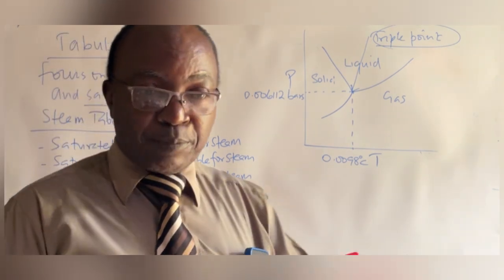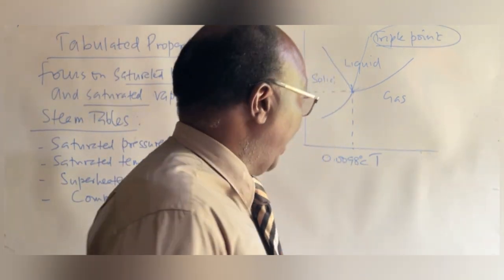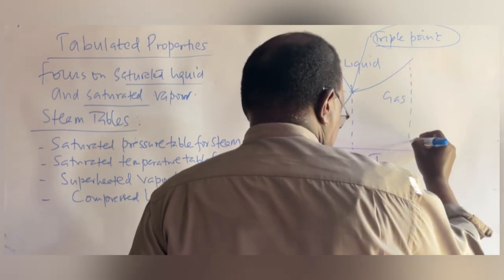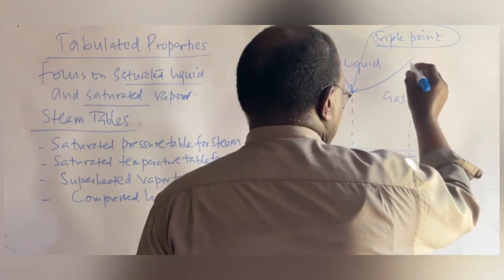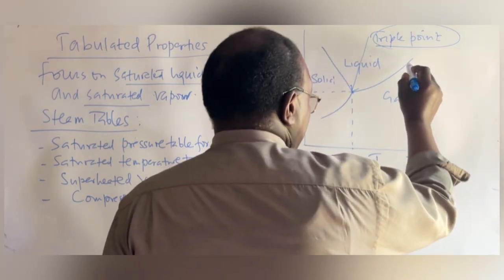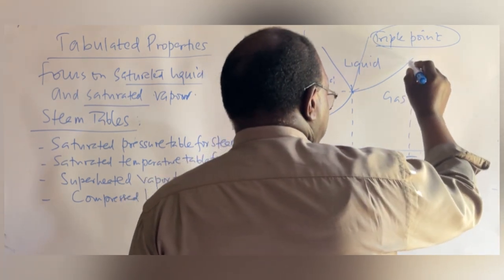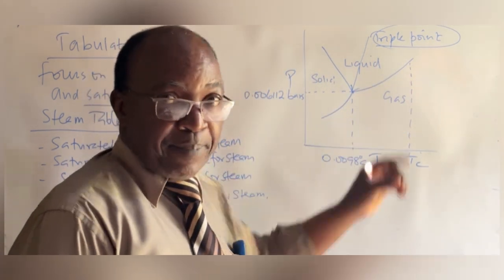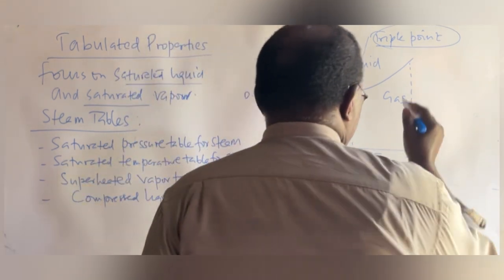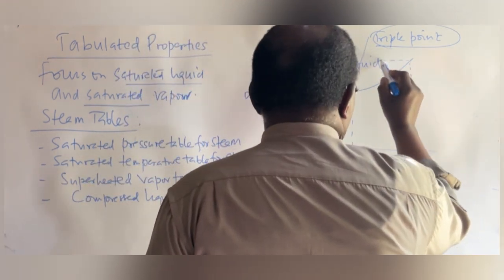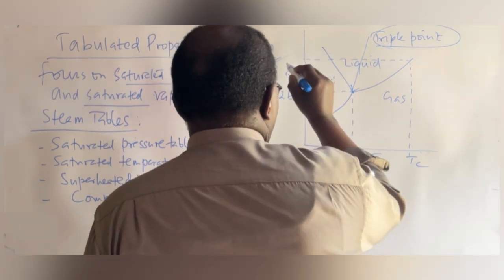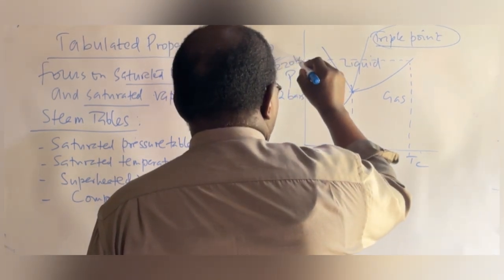The other reference point in the steam table is the critical temperature, which we call TC. Above that particular temperature for water, you cannot distinguish between liquid and vapor. The corresponding pressure is the critical pressure, which we call PC, and in water it is 220 bars.